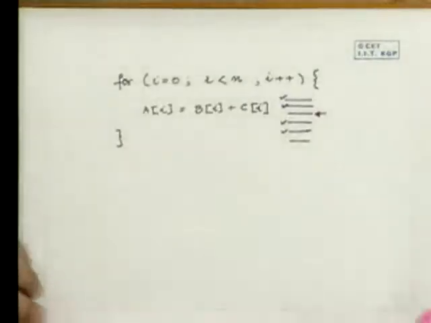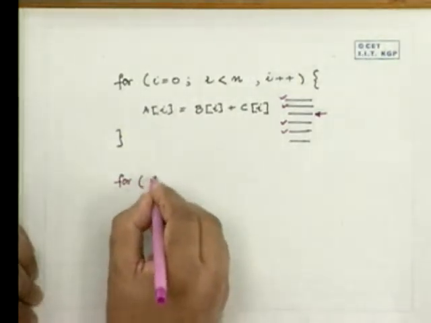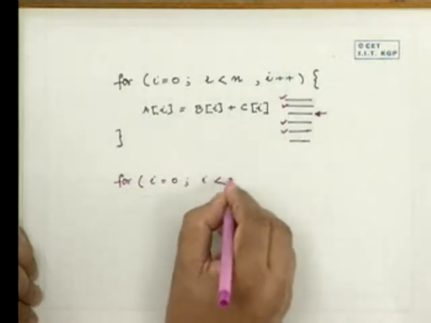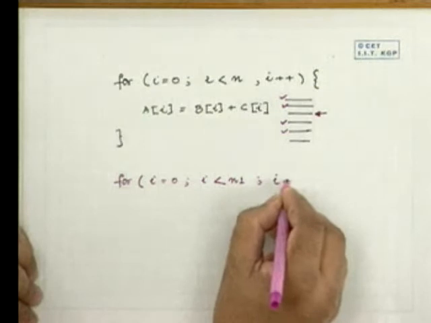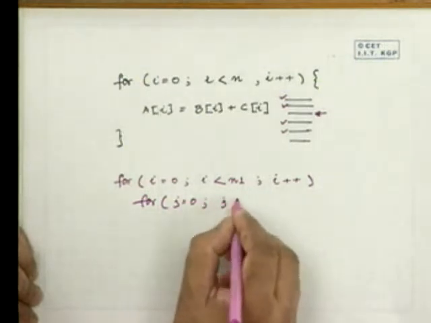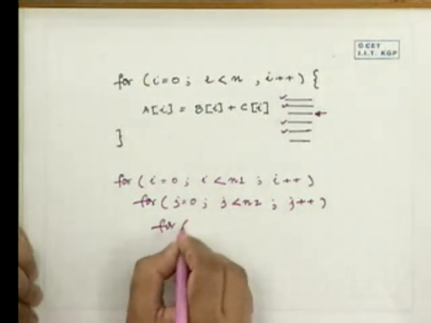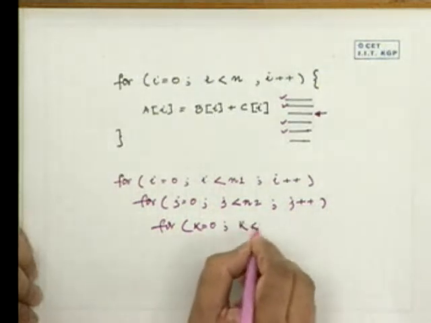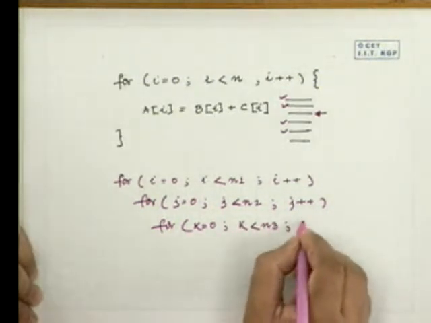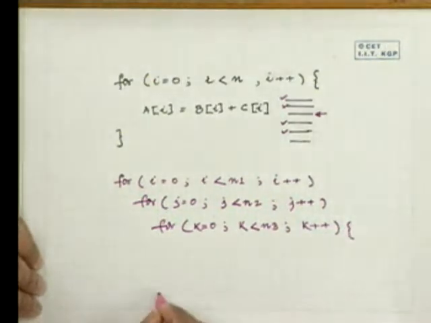Okay. Now, you can see that we can have another example just to convince you that most of the time the program executes loops. Say for i equal to 0, i less than n1, i plus plus, for j equal to 0, j less than n2, j plus plus, for k equal to 0, k less than n3, k plus plus, and say we have the loop body here.